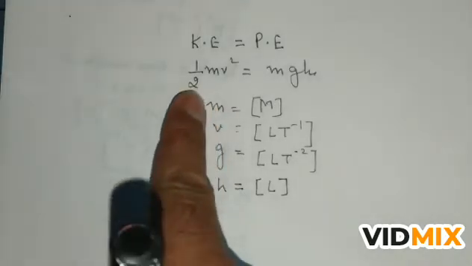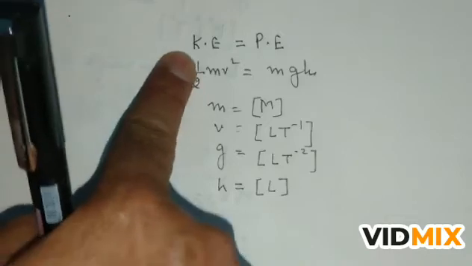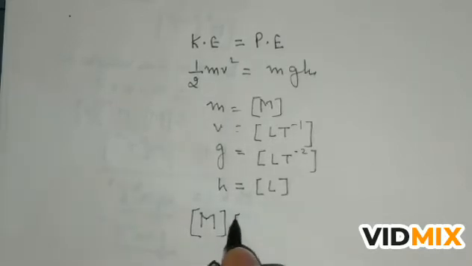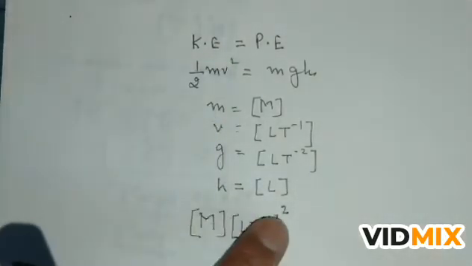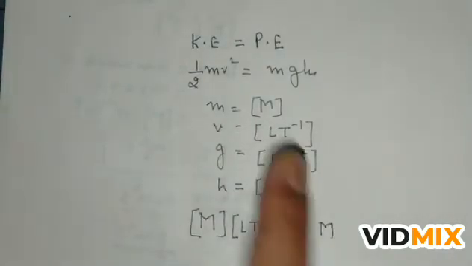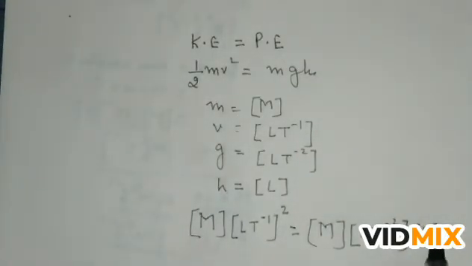Now if you put every dimension on both sides, the half has no dimension, so it will not be taken. The dimension of mass is m, and velocity dimension is L t to the power minus 1, and we put 2 outside because it is squared, is equal to m for mass, L t to the power minus 2 for g, and L for h.